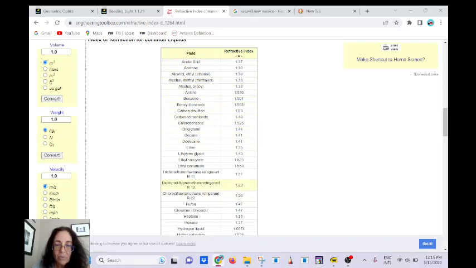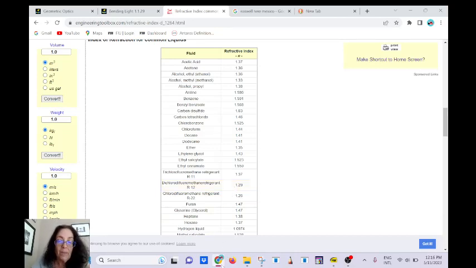Okay, so that will be a refrigerant kind of liquid, I'm not sure, but 1.29, yes, we have. Water is 1.33, so this one has a smaller index of refraction, which means the density is smaller. The higher the index of refraction, the higher the density, and the speed of light will slow down even more.